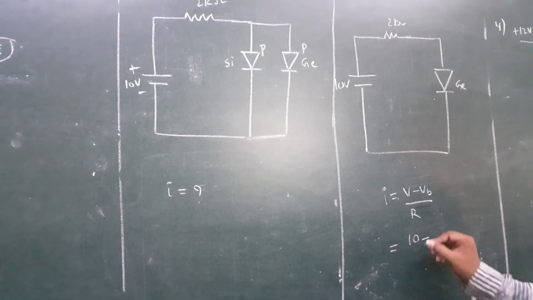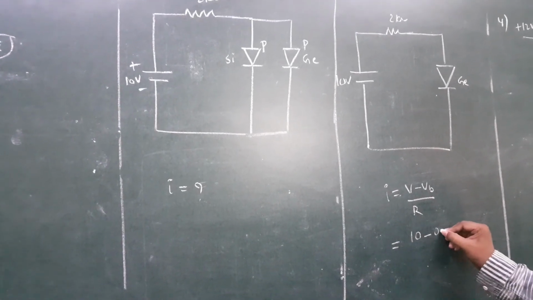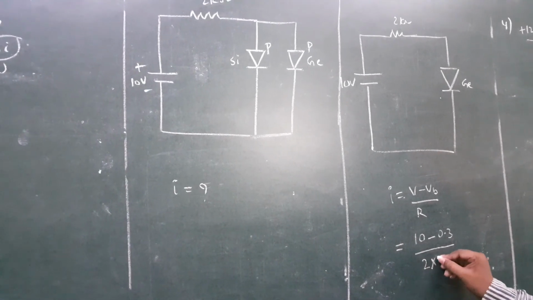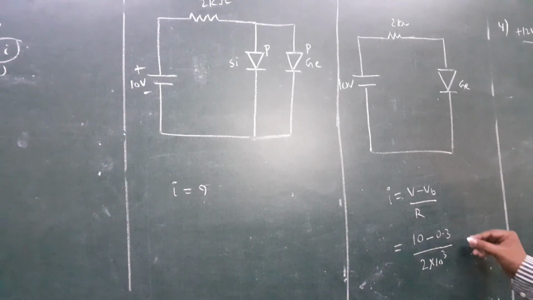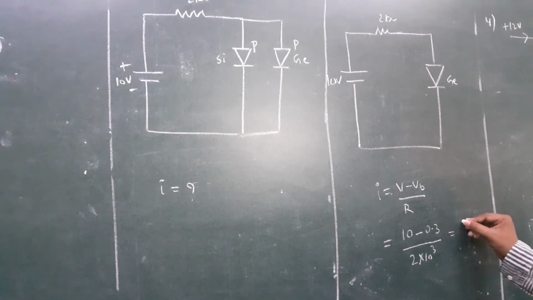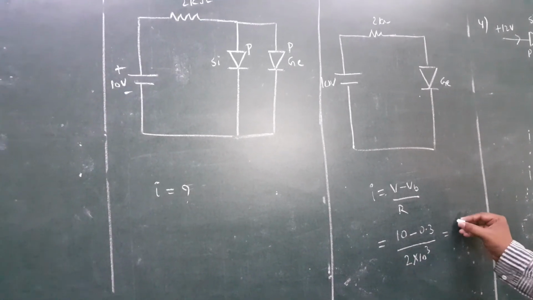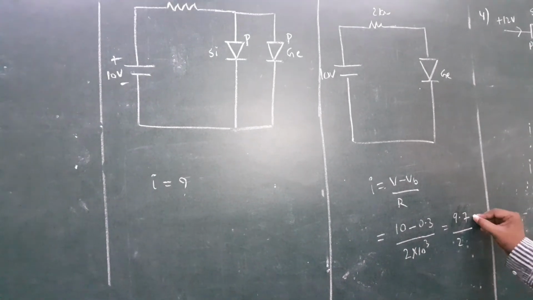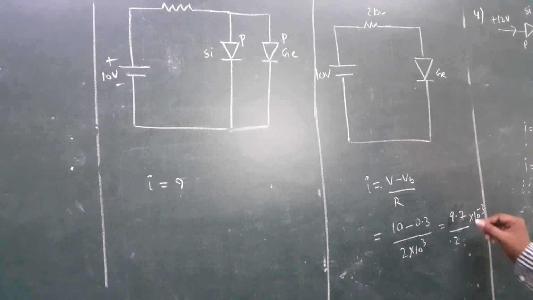Applied voltage is 10. The potential barrier for germanium is 0.3. The resistance is 2 kilo, kilo means 1000. 10 minus 0.3 means 9.7 by 2. Here 10 power plus 3 above, so minus 3.